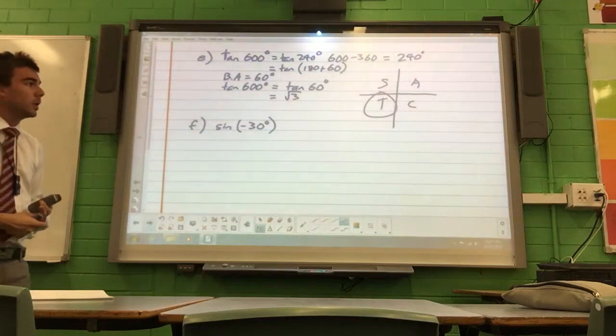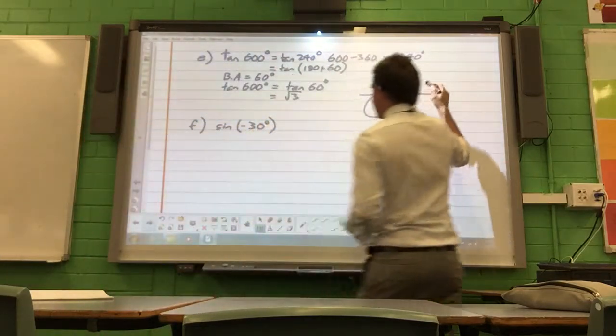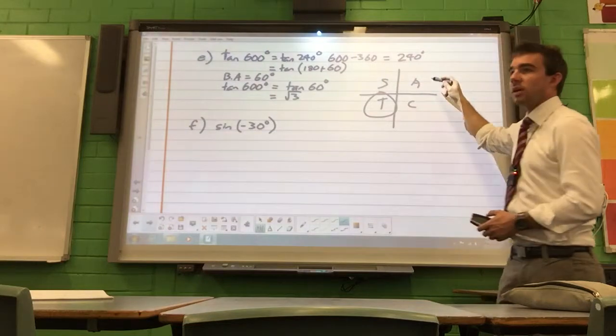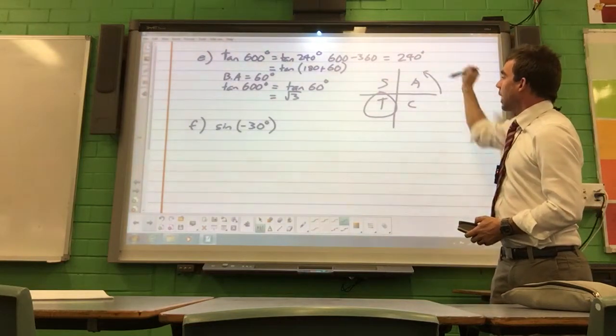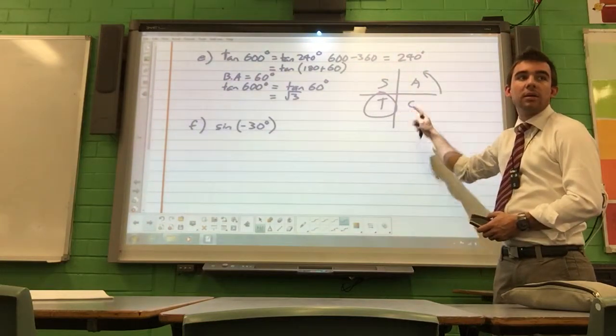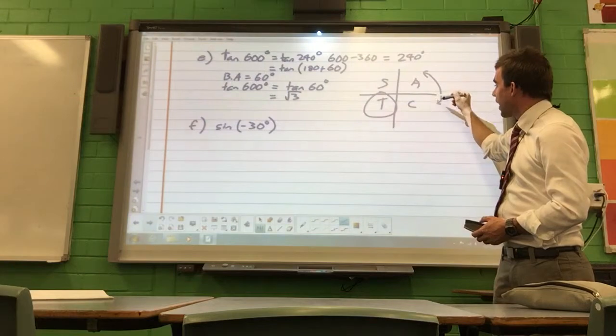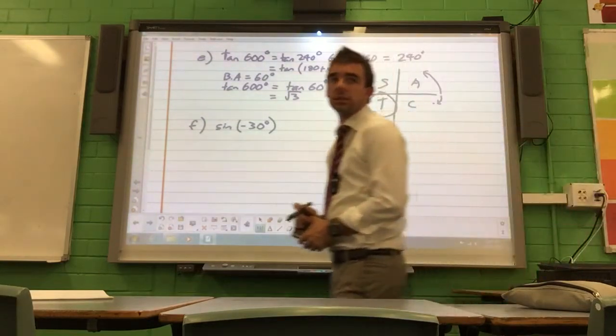No, not sine of 30. Negative what? Nope. So you've got to consider this. If I'm going around in an anti-clockwise direction, I get my angles bigger and bigger. So negative 30 is an angle going back that way. So what's the positive equivalent?